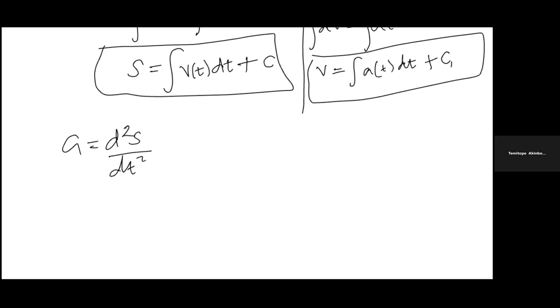Differentiating the distance function twice will give me acceleration. So take note of that. So if you are given a distance function and you are asked to find acceleration, differentiating it twice will amount to finding the acceleration. Hope that is clear. Yes, sir.